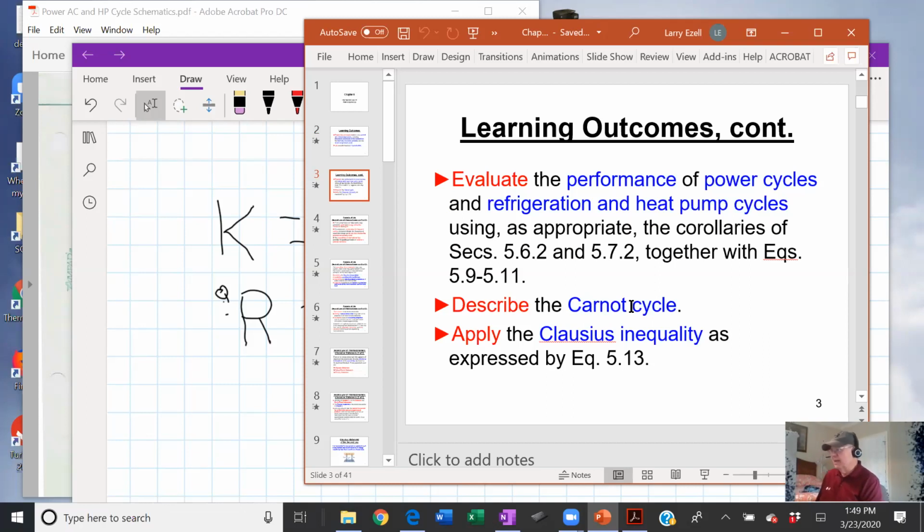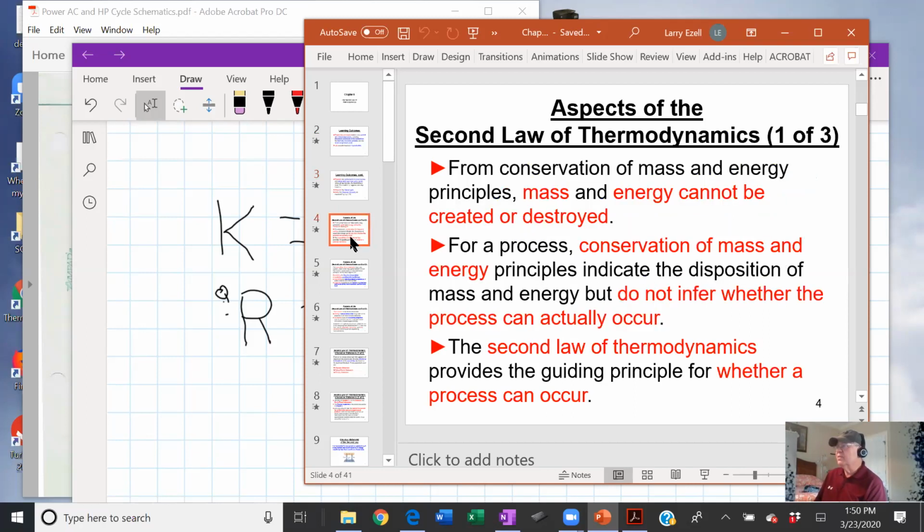Those 2 values, TH and TC, as we'll see, limit you to the maximum power you can get in a refrigeration cycle, but more importantly in a power cycle. And we'll talk about the Clausius inequality as a measure of the second law later. Okay, let's go to slide 3.